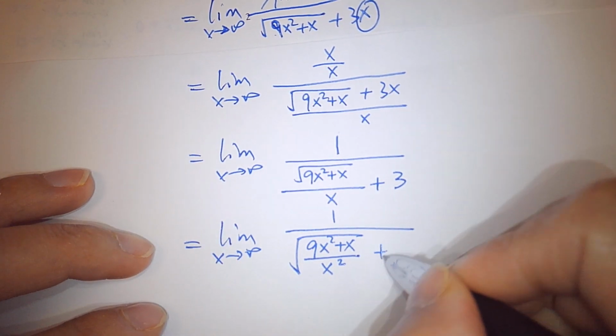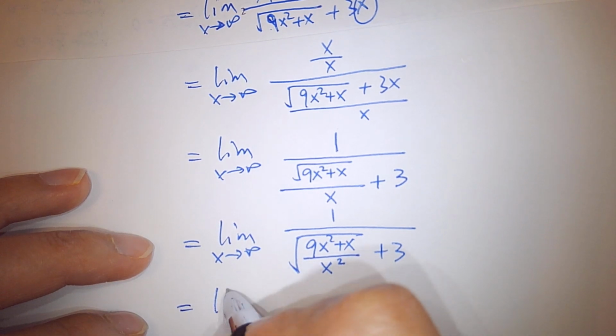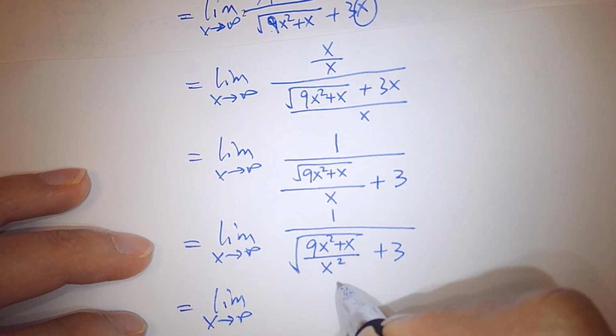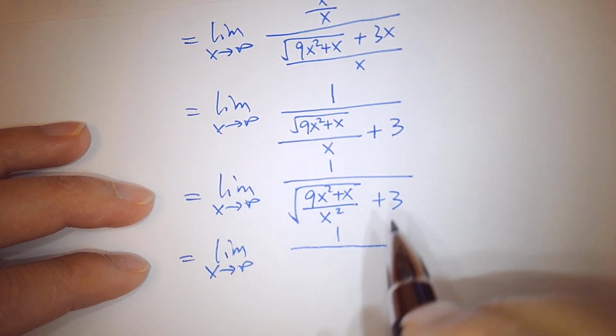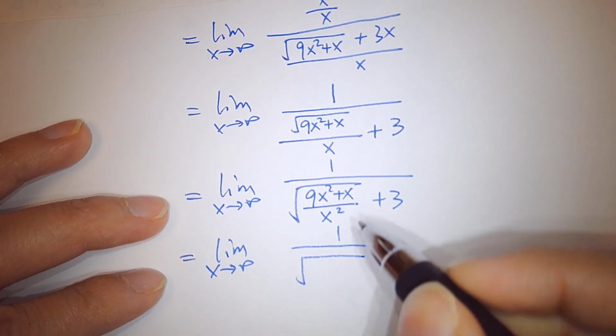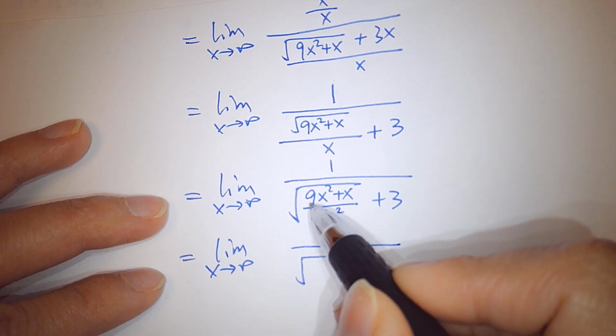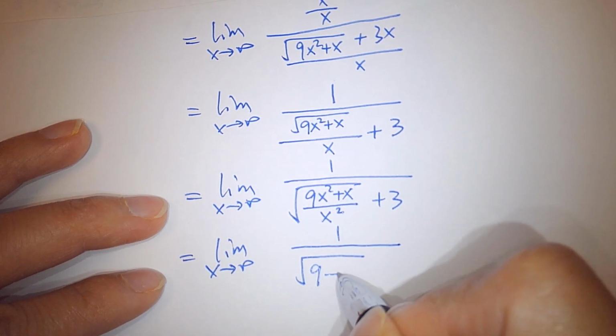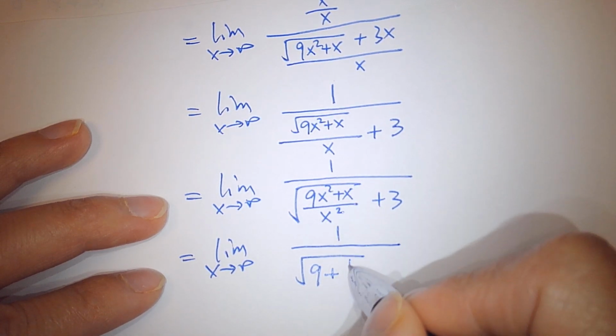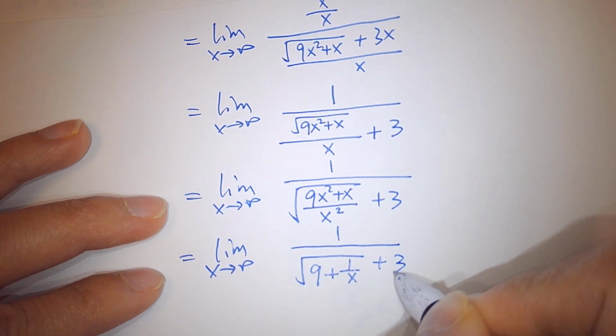And then plus 3. Under the square root, 9x squared plus x over x squared. What's 9x squared over x squared? 9. What is x over x squared? 1 over x, plus 3.